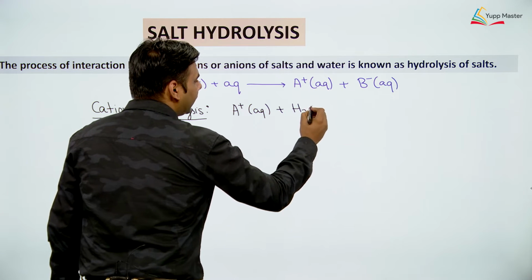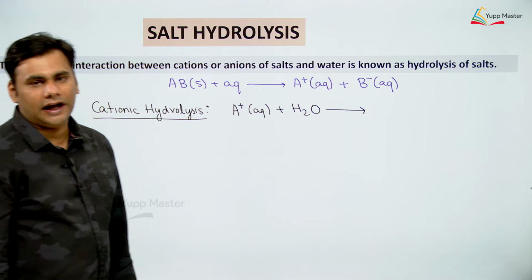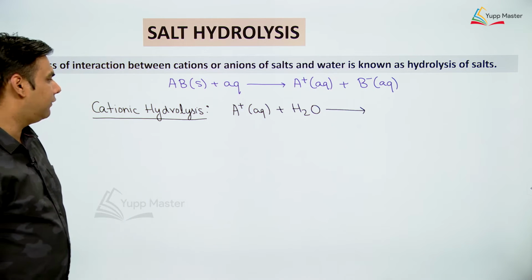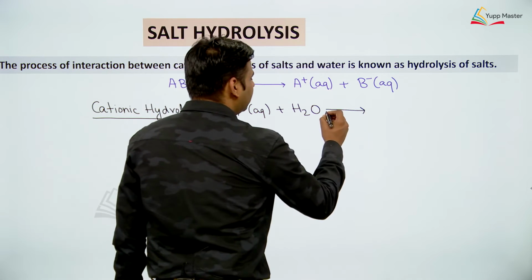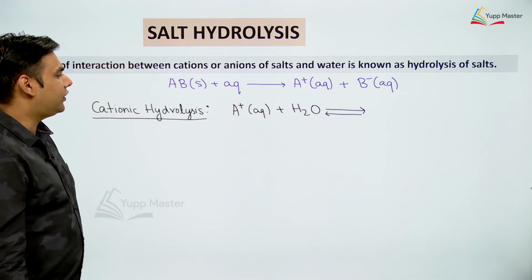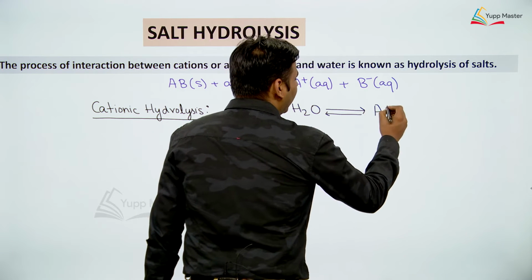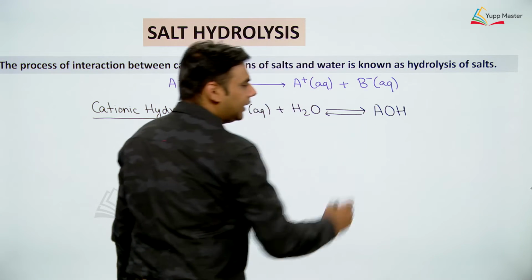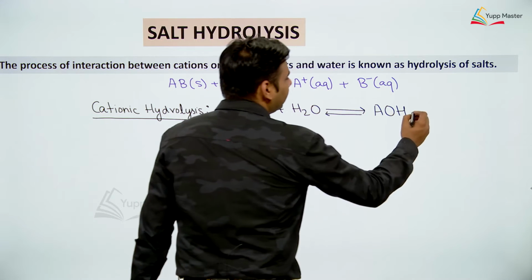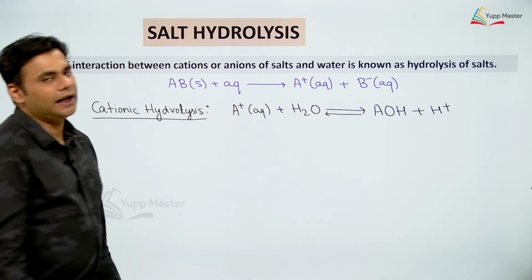And because water has a dipole, it has a positive end as well as a negative end. So water would split into H plus and OH negative. The OH negative would get attached to A plus and we would form AOH, right, plus H plus. So this step is basically called cationic hydrolysis.